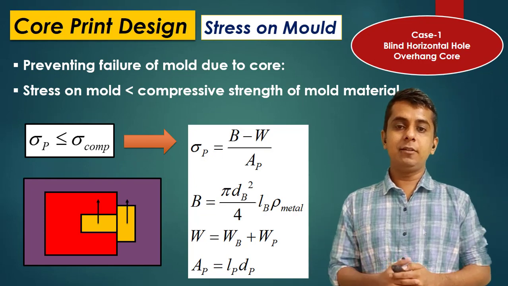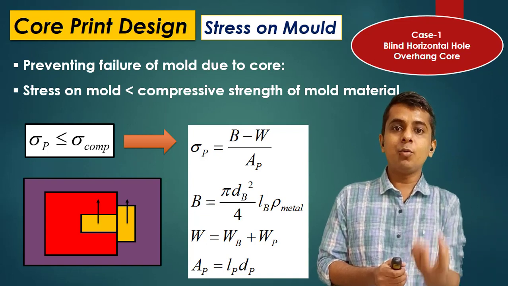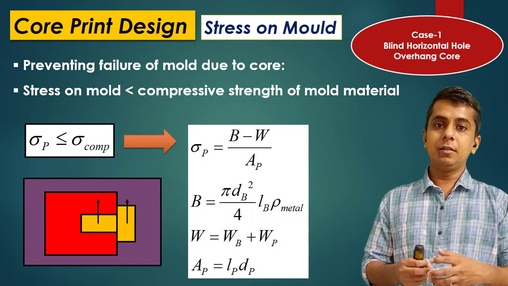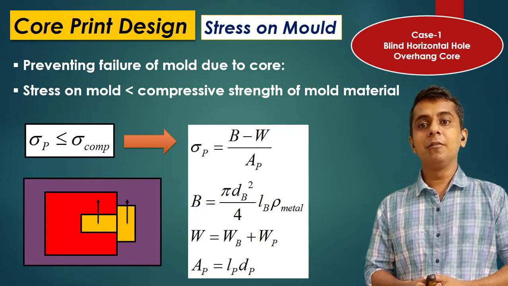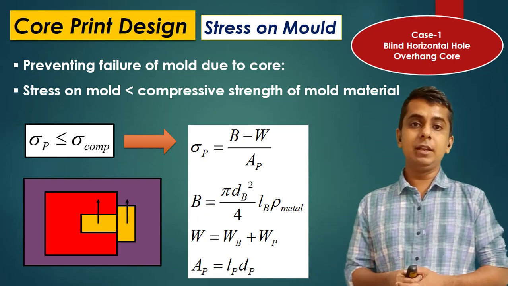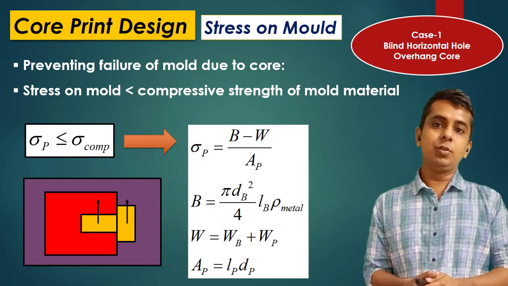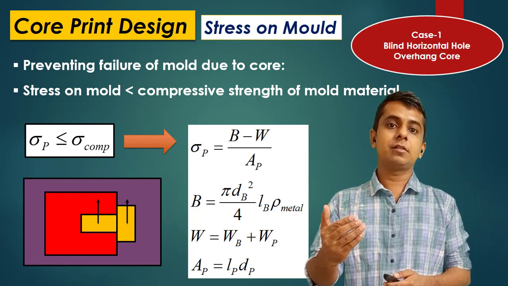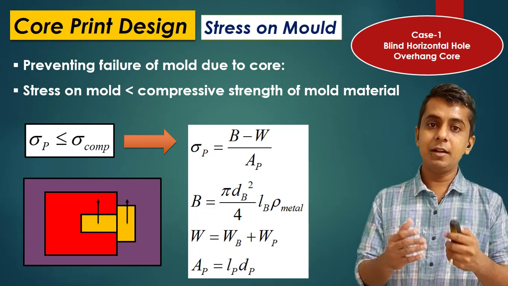The core and core print are cylindrical in shape, and if you take a projection from the downward direction of the print, the cylindrical print will be projected in a rectangular shape, and the projected area will be the multiplication of length and diameter, that is LP and DP. In this way you can identify the stress caused by the core print on a sand mold, and this should be lower than the compressive strength of the sand mold.